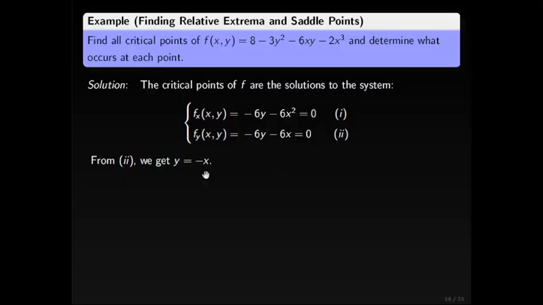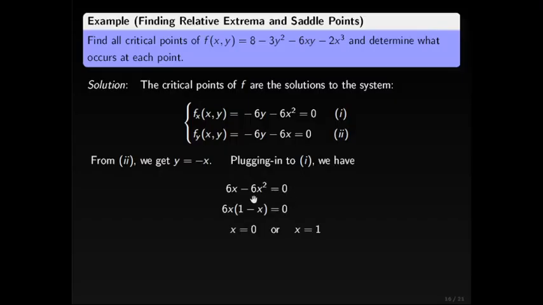So from equation 2, we have y equals negative x, and plugging into equation 1, we have 6x minus 6x squared equals 0. So we have to factor the left side to get all the possible solutions of this equation.